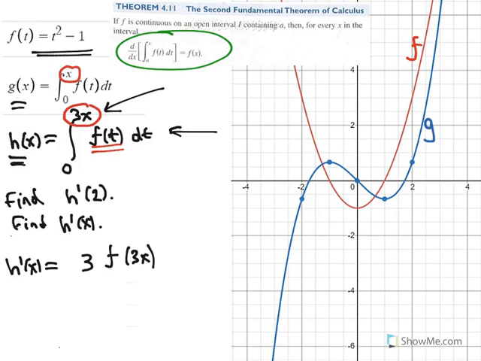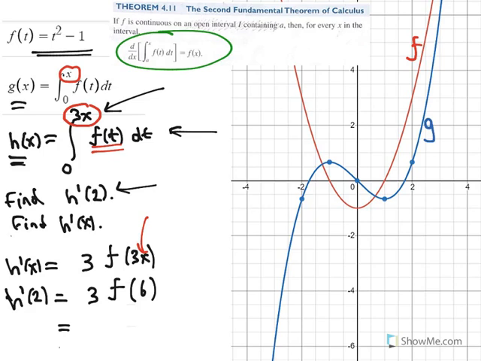Once you have h prime of x, you can find h prime of 2. So h prime of 2 would be equal to 3 times f of, replace the x here with 2, so you have f of 3 times 2, so that's f of 6.